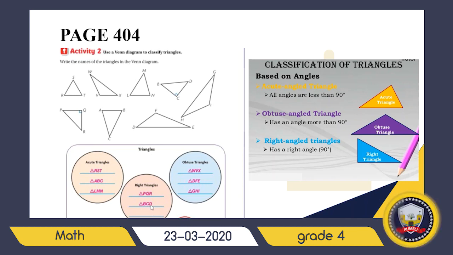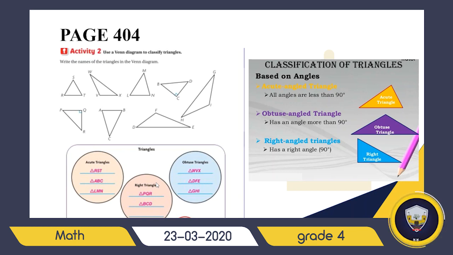Good job. What about the next? Right here, good job. Triangle PQR. I can see a right angle here. Angle Q is a right angle, so triangle PQR is an example of a right triangle.